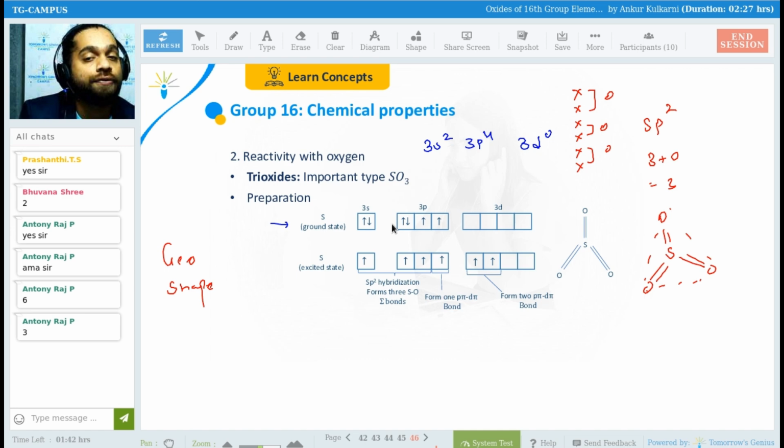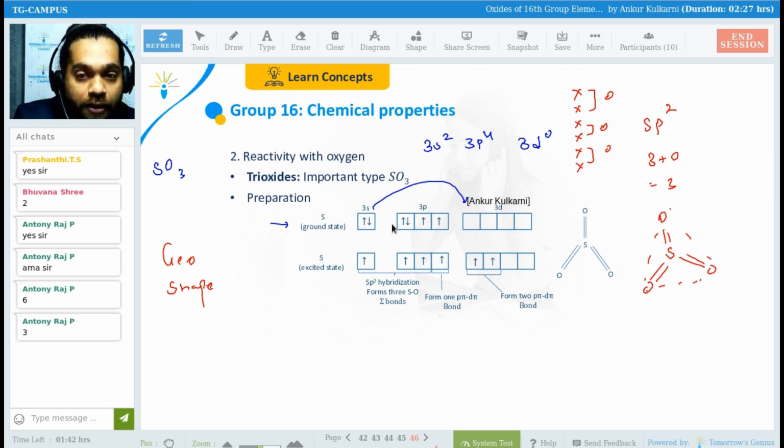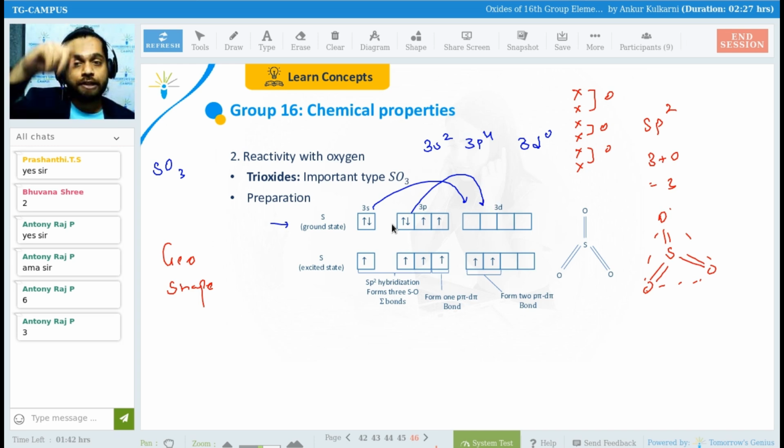Now we have to form SO3. That means we require 6 half-filled orbitals, 1 electron each. So what will happen? This will jump over here. For the excited state, 1 electron of S jumps to the D, 1 electron of P jumps to the D. So we have got our excited state.